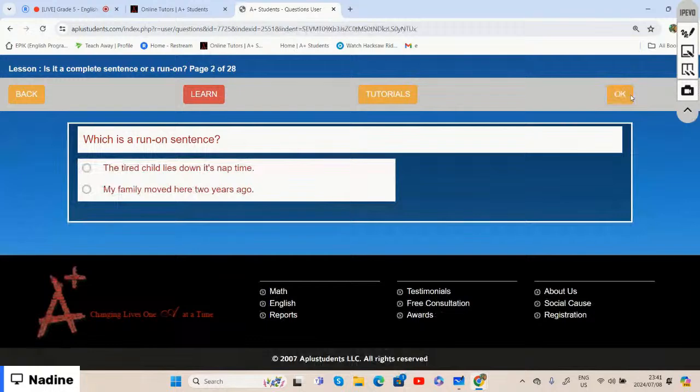We need to say which is a run-on sentence. Is it option one that says, "My tired child lies down, it's nap time," or option two, "My family moved here two years ago"?